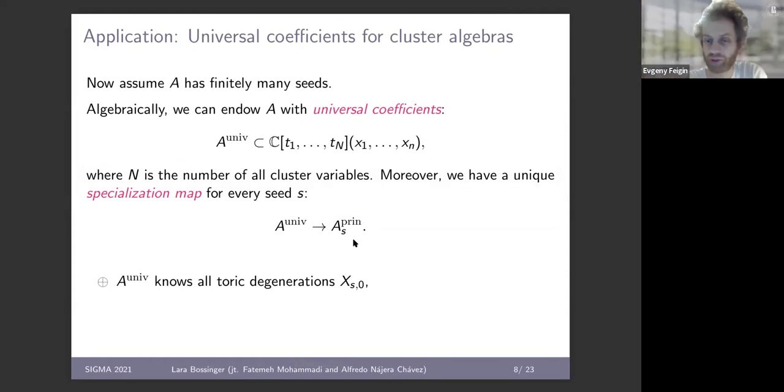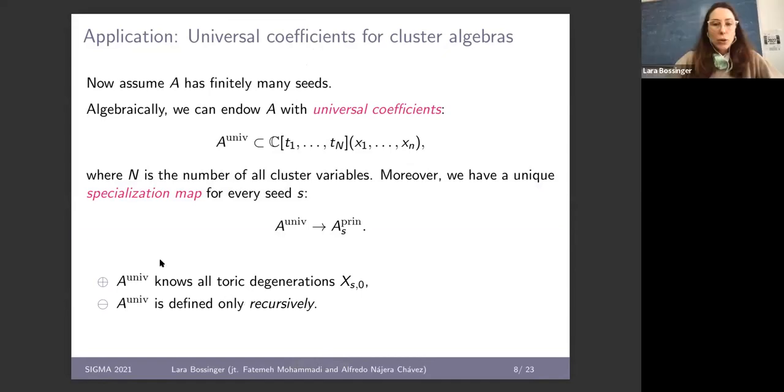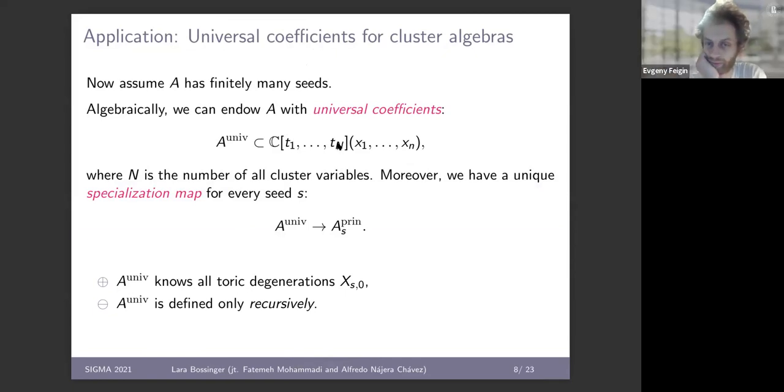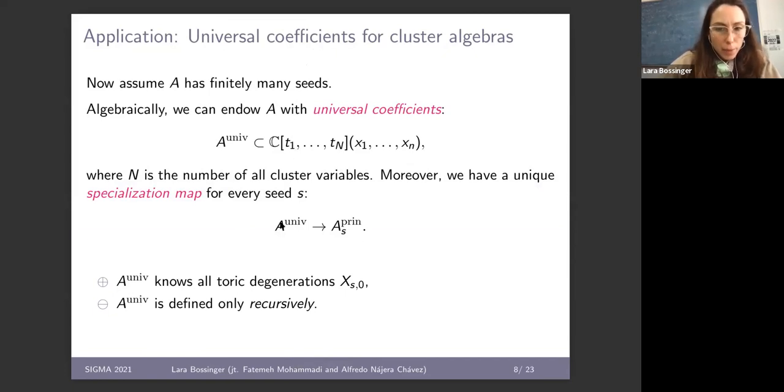Lara, I'm sorry. Could you please elaborate a bit on this statement? What does it mean it knows all toric degenerations? So by specializing the t parameters here to different values, let's say 0 and 1, we can obtain, exactly by these maps, all the cluster algebras with principal coefficients.